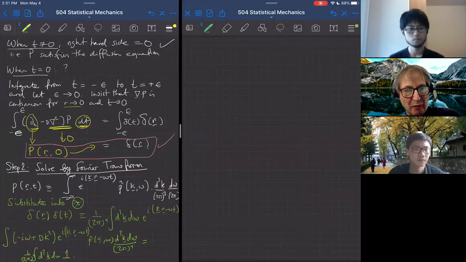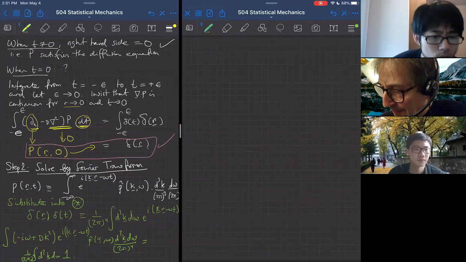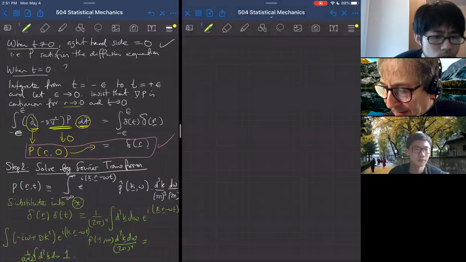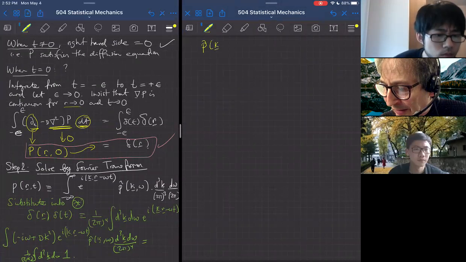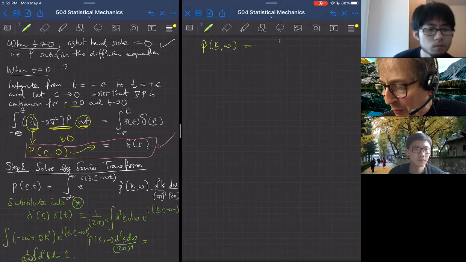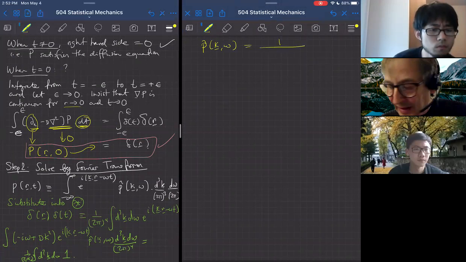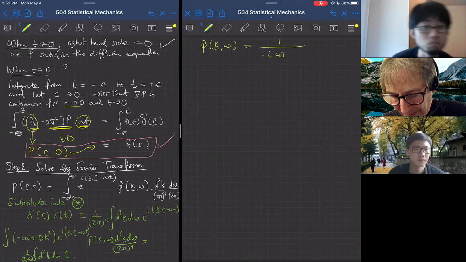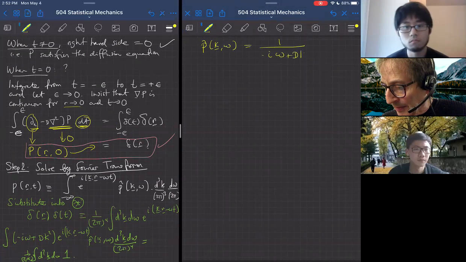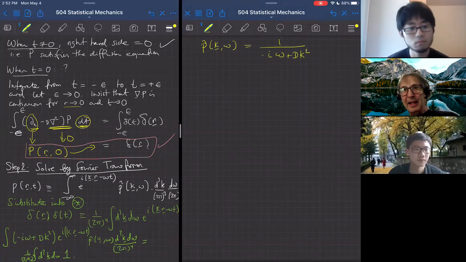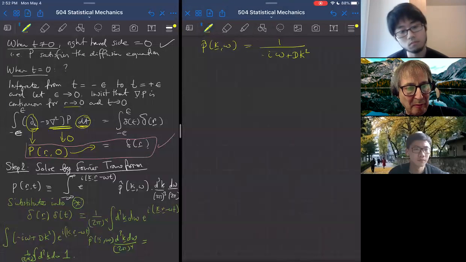And so therefore, what that means is that p hat of k and omega is equal to 1 over minus i omega plus D k squared. So that's the Fourier transform of the variable that we want.